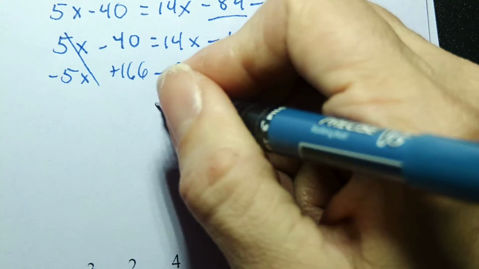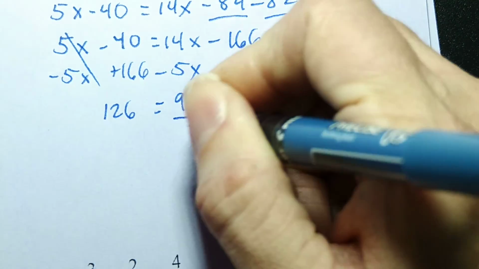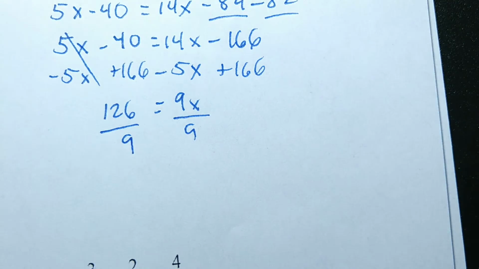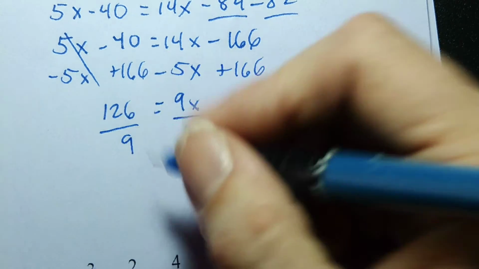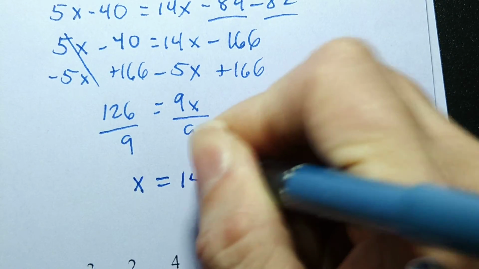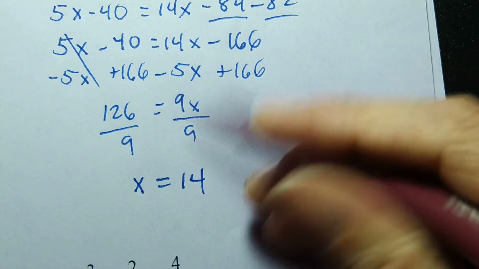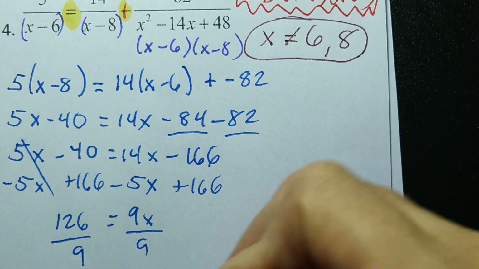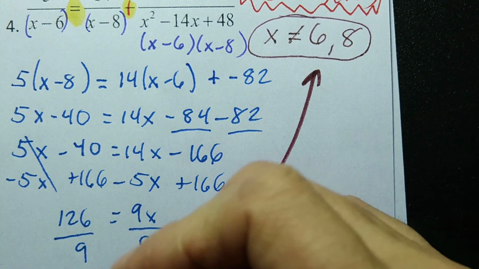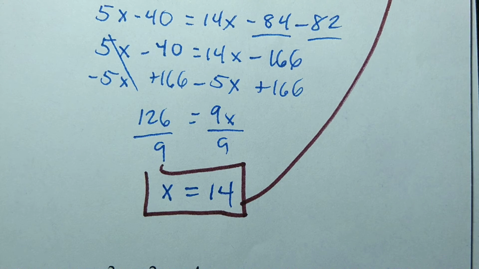Get 126. Gross. 14. Hey, came out nicely. Love it. But before we put a box around it, what should we do? Check it against the restrictions. So 14 is not 6 or 8. So that is not an extraneous solution. It is an actual solution.